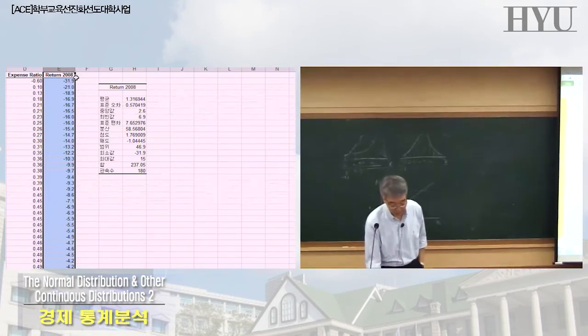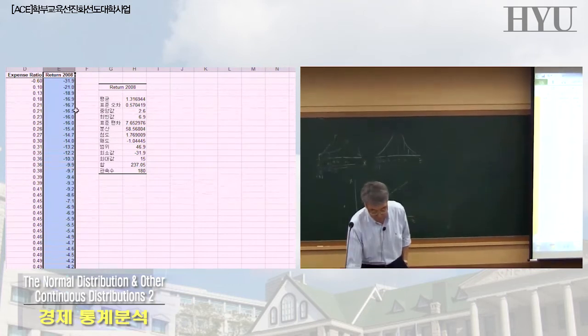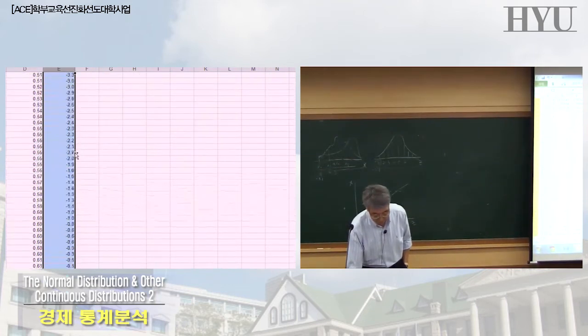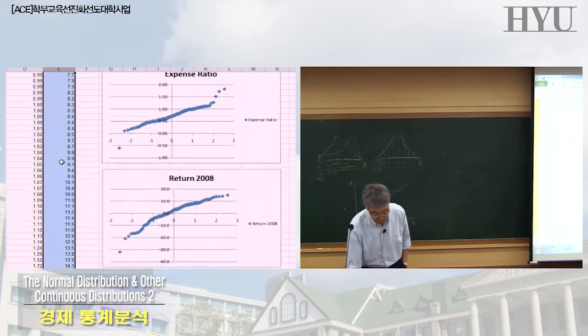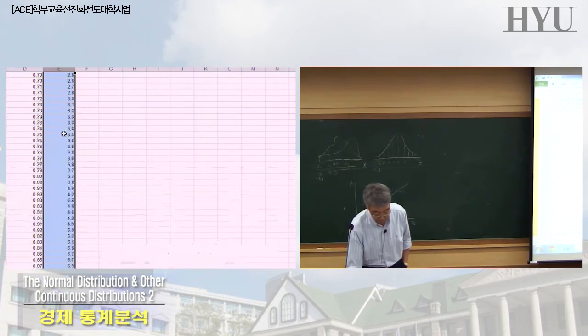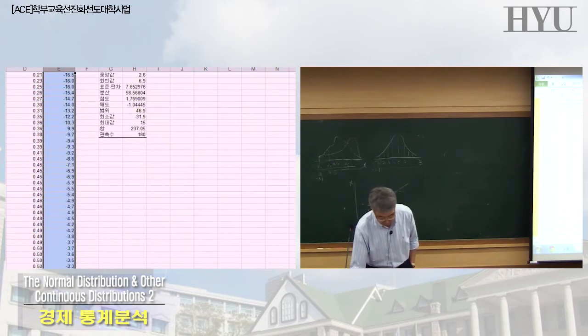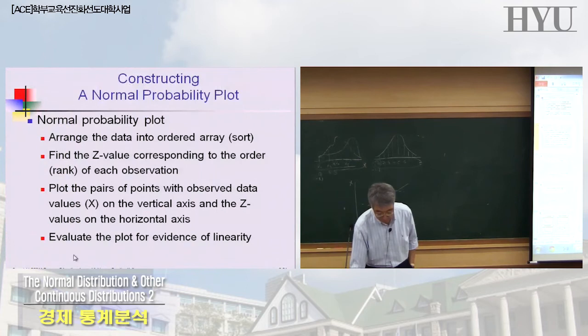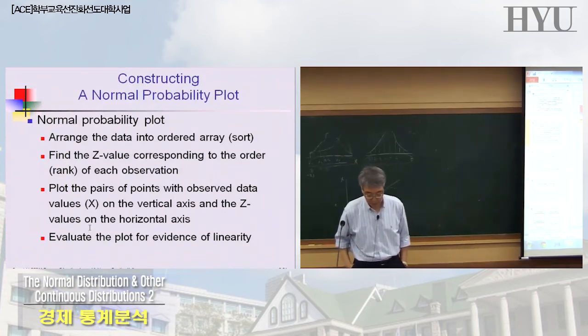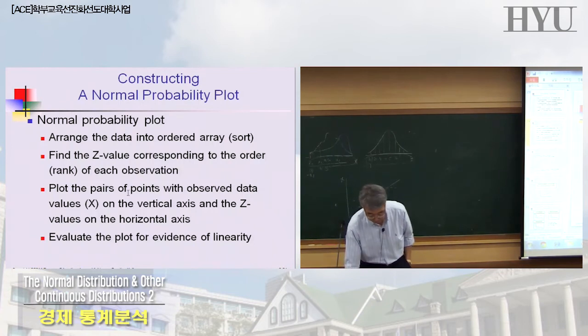In actual data, you don't have the sorted values. So make sure the first step is to sort and make an ordered array of this variable from smallest to largest. Okay? All right? And the next step is to find the z-value corresponding to the order of each observation. Okay? How do you do that? You look at the next slide.